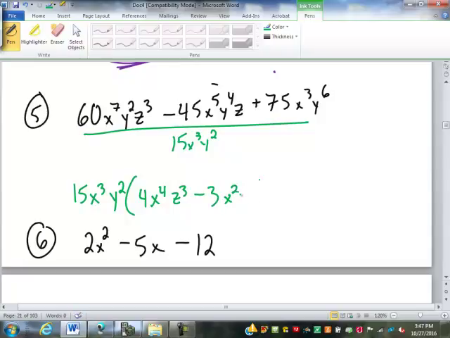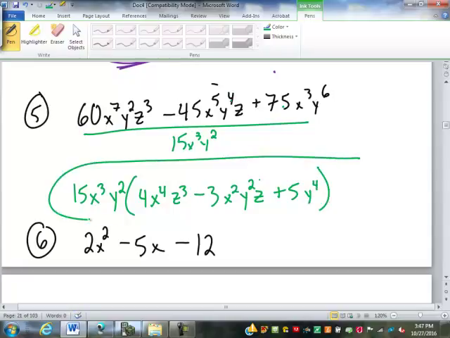Y. Careful. 4 minus 2 is going to be 2. Y squared. And z. Just z. 75 divided by 15, positive 5. X divides out, y to the fourth. There it is. A little bit of a mouthful there.